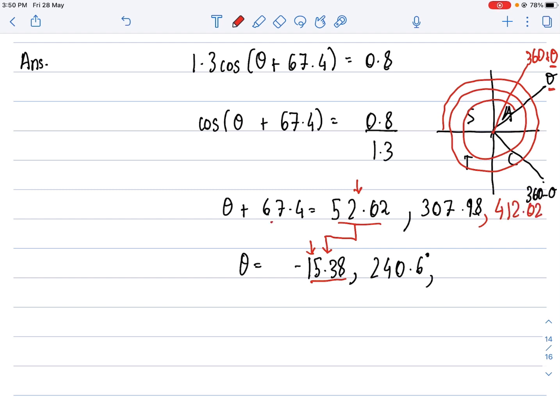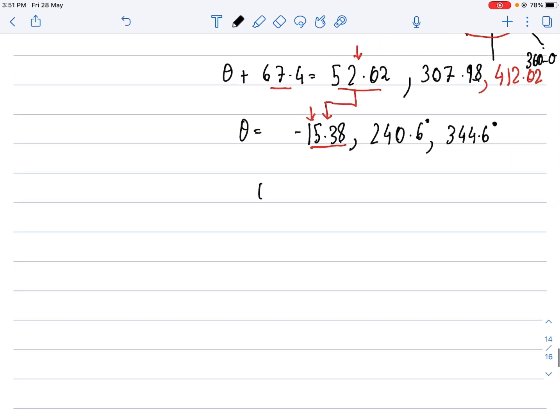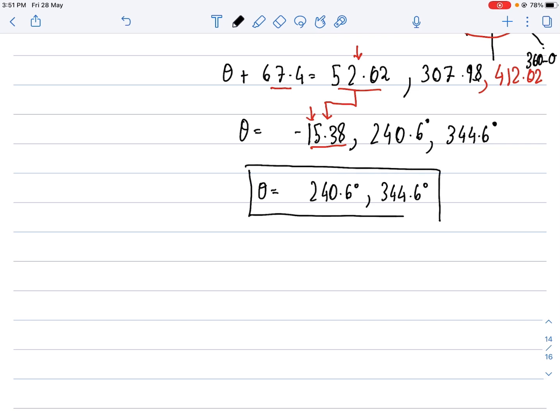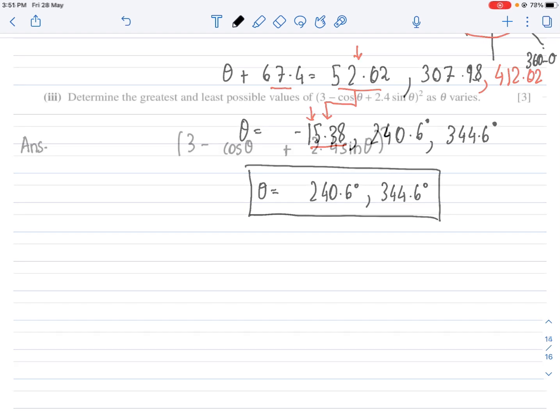When you subtract 67.4 from it, you get 344.6. Got it? So you need to know this clockwise theory of trigo. It's a concept. So theta is 240.6 degrees, 344.6 degrees, which is the final answer of part 2.